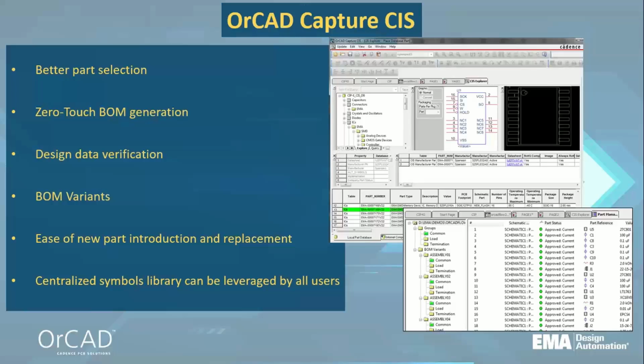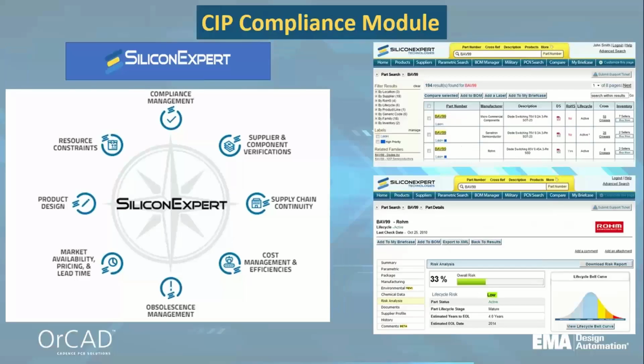Inside of there is also Silicon Expert. So this is important. A lot of people use just Silicon Expert. We have it tied into our tools so that when you are searching for components, or maybe you have a BOM, for example, and you want to check out that BOM and make sure that all the components are available for purchase. So we are tied in with Silicon Expert, and we do have a compliance module, as well as a Silicon Expert Connect BOM risk.